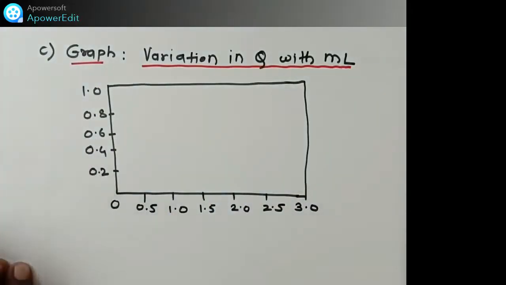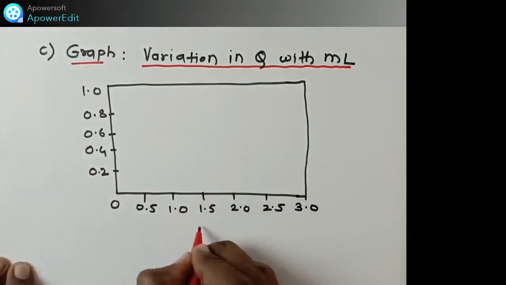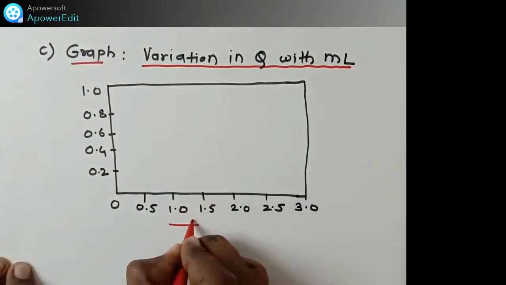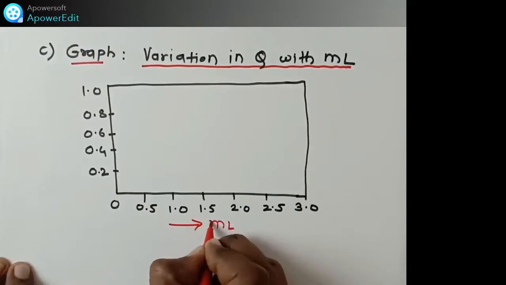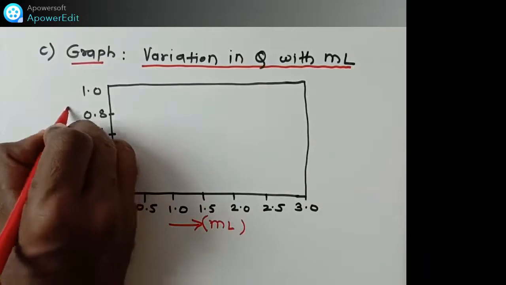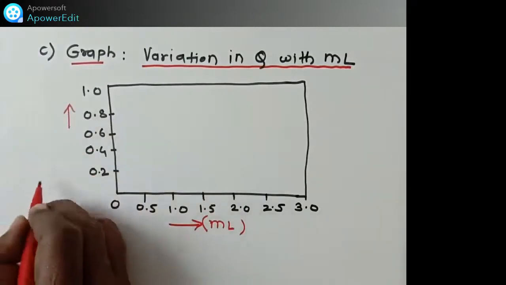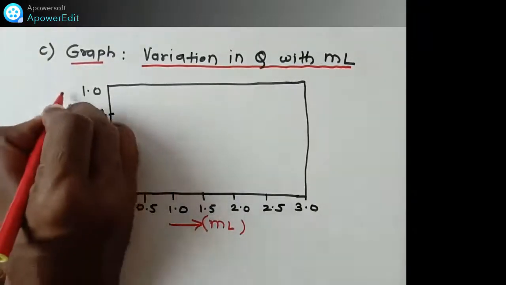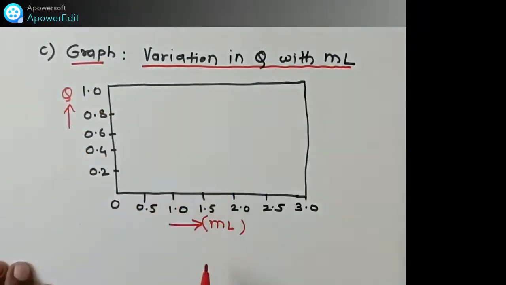Now this horizontal scale we will use to show the value of ml, and this vertical scale we will use to show the heat flow.